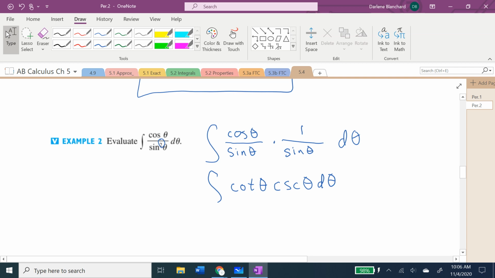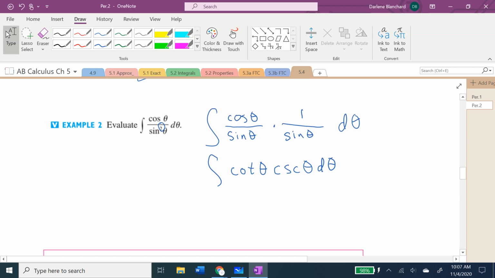So then when we go with the co-functions, the derivative of cotangent is negative cosecant squared. The derivative of cosecant is negative cosecant cotangent. You've got to make sure that you have those memorized. And then a plus C on the end, and you are good to go.